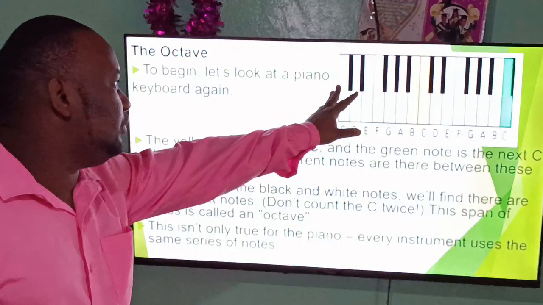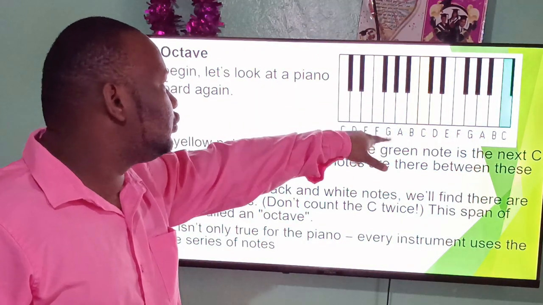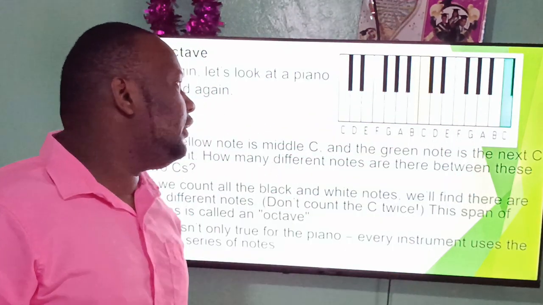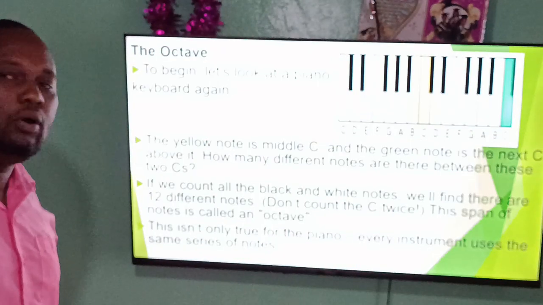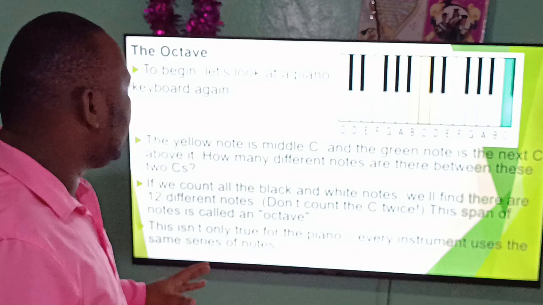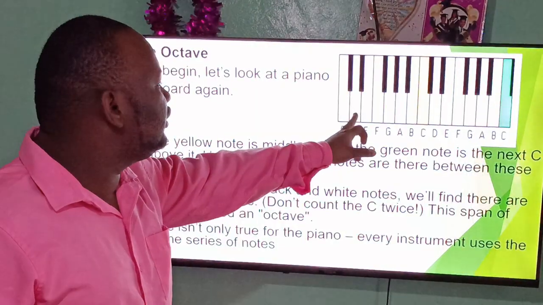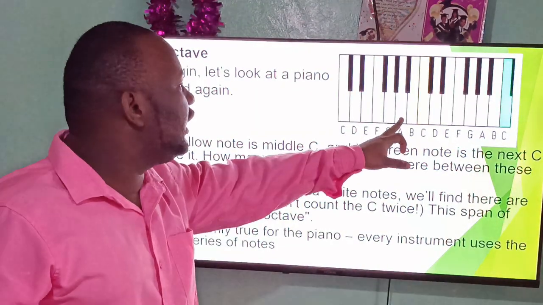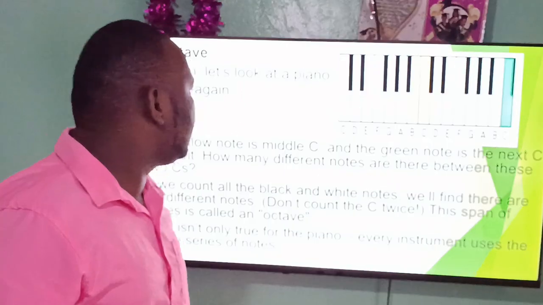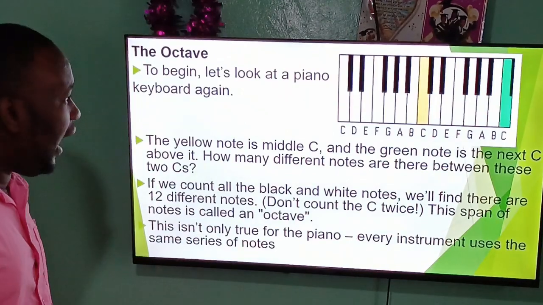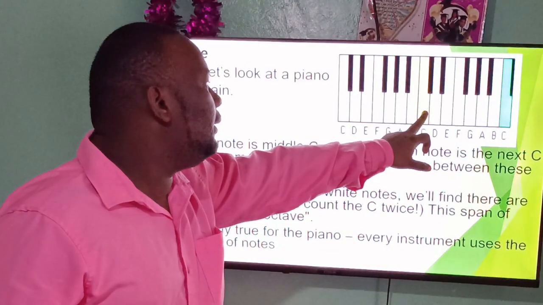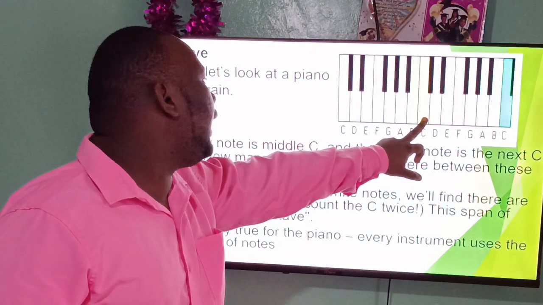As you can see, we have two black keys together, then three, two, three, and that's how a keyboard or an organ is arranged. You can see we have C, D, E, F, G, A, B, C, D, E, F, G, A, B, C. There is a note named C, and it is colored yellow.